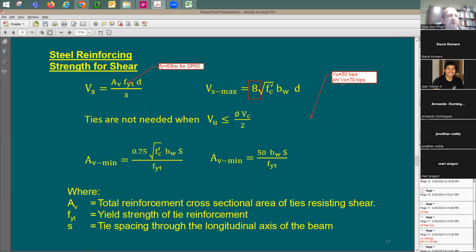It is not less than 1/2 of the 70, because half of 70 is 35. So actually this condition doesn't hold. In a case like this, I need to add ties anyways, or stirrups. And to add ties, you need to go to A V minimum, and it's given by 2 equations. And of course, you're going to use the one that yields the higher reinforcement area.